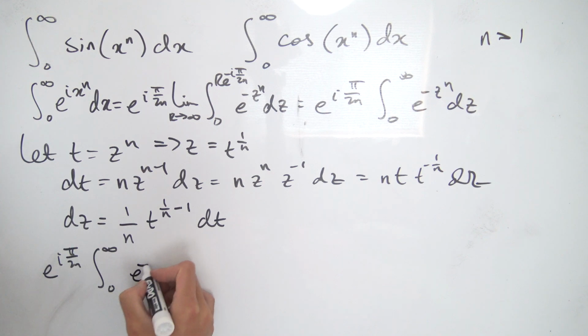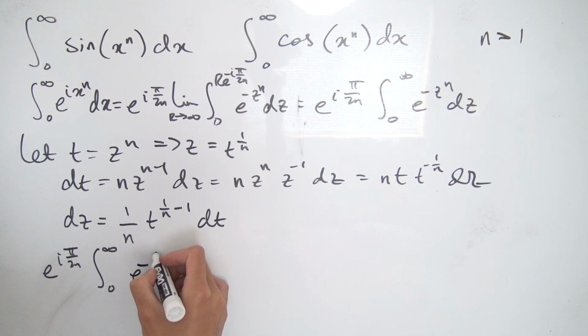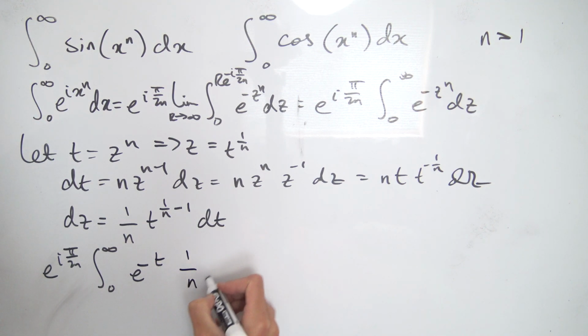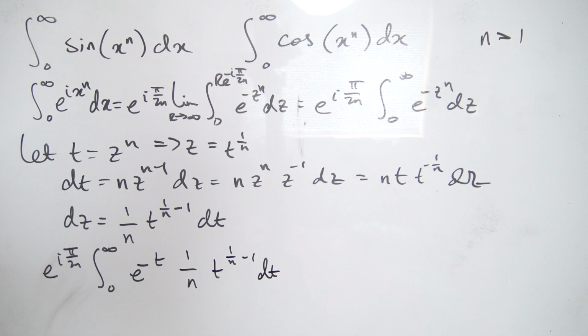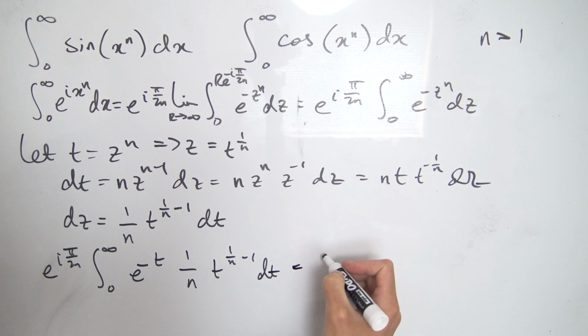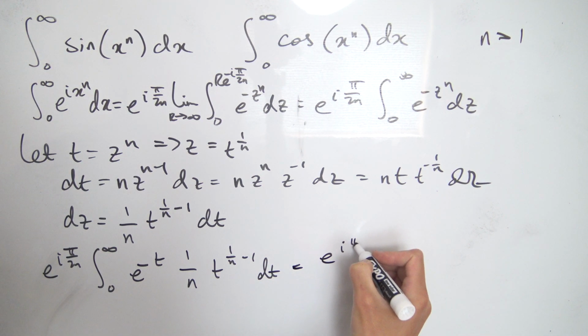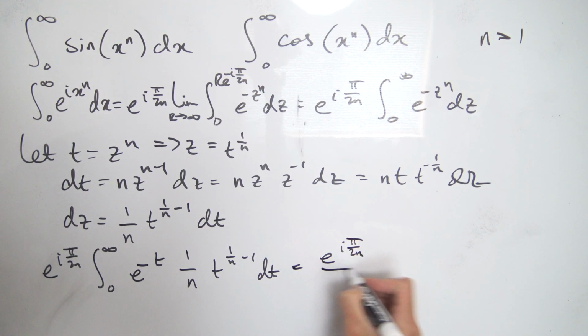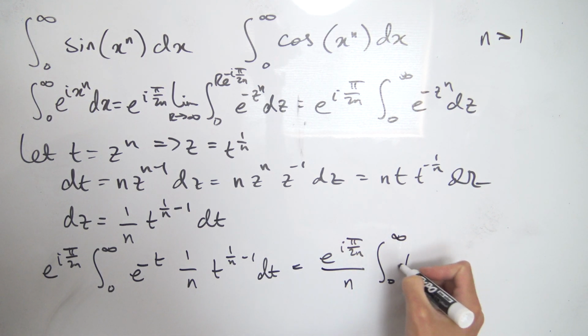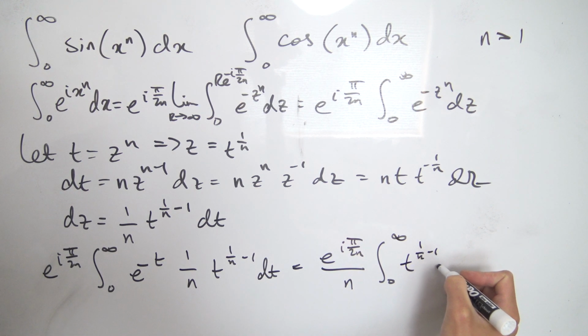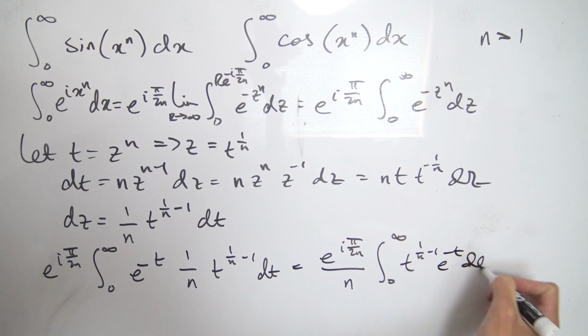We have e to the minus z to the n, we said that was t, and dz becomes 1 over n t to the 1 over n minus 1 dt. And let's rewrite this integral a little bit. This is e to the i pi over 2n divided by n, integral from 0 to infinity, t to the 1 over n minus 1 times e to the minus t dt.